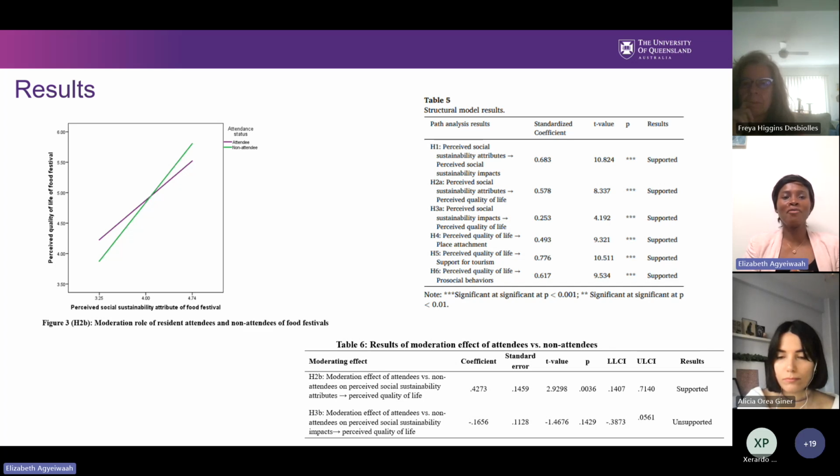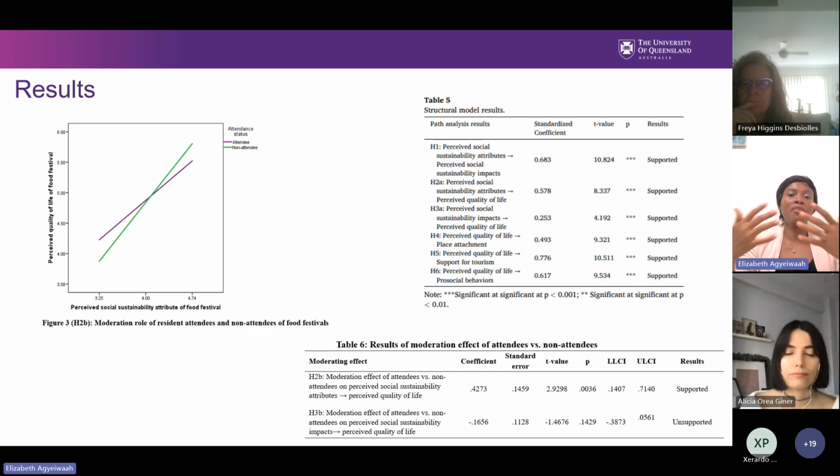So then if a resident, if you look at the graph on my left, you see that the green line is very steep and it's a bit above the purple line. The green line was those that have not attended the events. So they've not been to the events, but certainly they've heard about the events. And the purple are people who have attended.